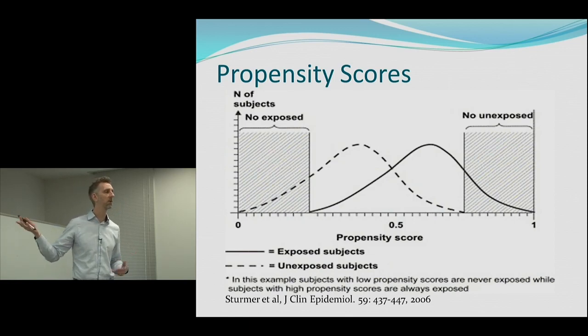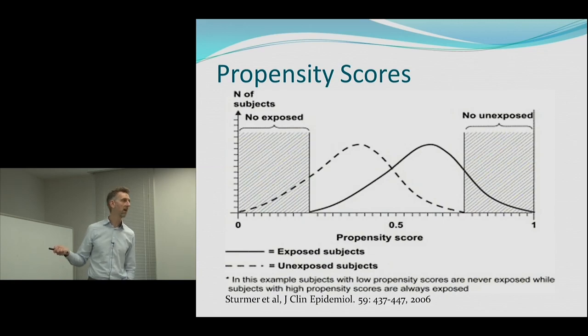If you want a paper to look at, I would recommend this one. On the y-axis we've got the number of subjects, and on the x-axis the propensity score, ranging from 0, which would mean very unlikely to be prescribed the drug, up to 1, which means extremely likely to be given the drug.